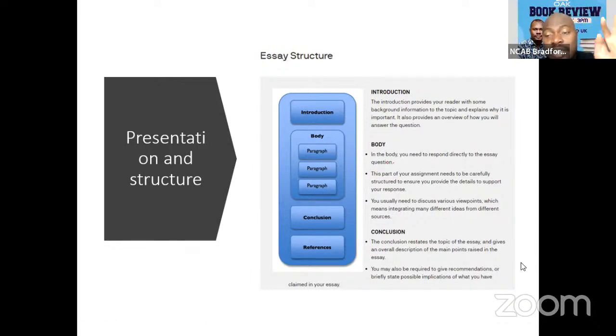If you do that in your introduction, sincerely, the marker will be very happy because you have set the ball rolling. You have given that introduction: this is the focus of this assessment, this is what I'm dealing with, and this is how I'm going to answer the question.